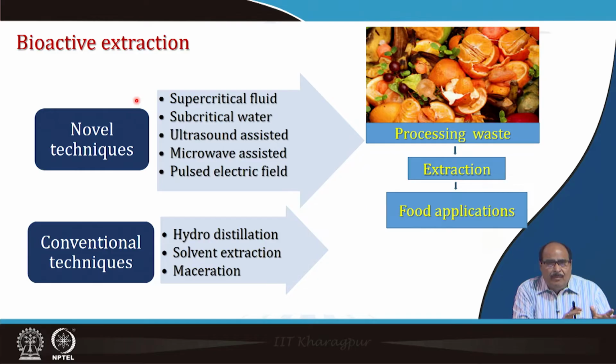So, these bioactives from the waste can be extracted either using novel technologies or conventional technologies. Novel technologies include supercritical fluid extraction, subcritical water extraction, ultrasound assisted, microwave assisted, or PEF assisted techniques.